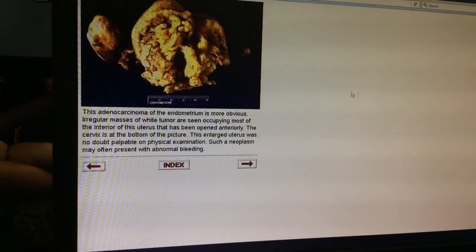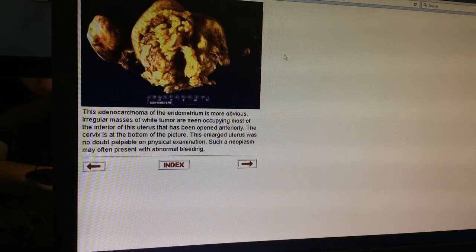We saw a uterus specimen and the fronds and the papillae, which were slender. Those papillae appear very ugly, and they are representing an adenocarcinoma of the uterus. This is an adenocarcinoma of the endometrium in the uterus.